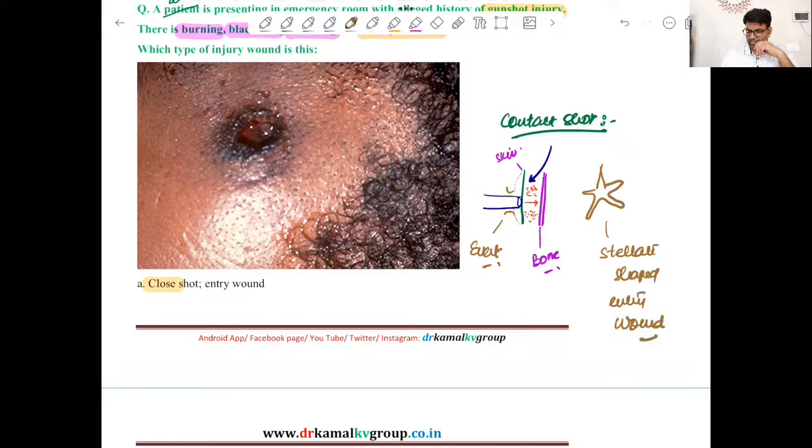So stellate, or in simpler words, star shaped. And this is because those air or gases which were present between the skull and the skin had so much force that they tore the skin and then came out. So they will create a stellate wound, right? So that is very classical for contact shot.